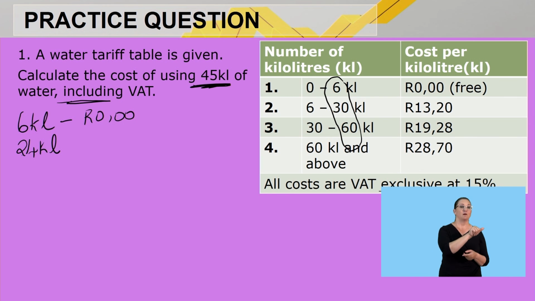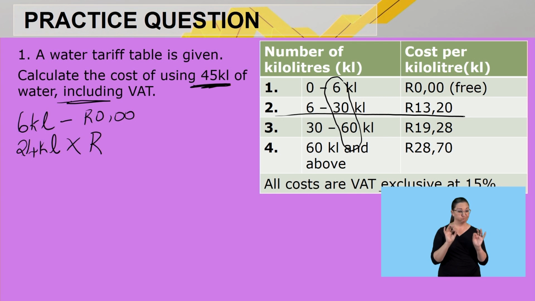So we need 45. So it means we must still continue going towards the other blocks. On each block, you must also make sure that you multiply with the correct cost. So on this block, we have 13 rand 20.